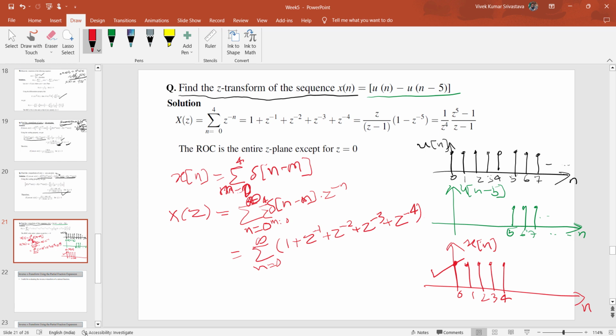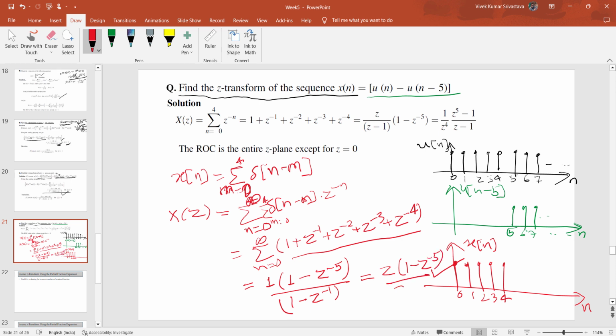Evaluating the summation of this series, you will get 1 into 1 minus z raised to the power minus 5 over 1 minus z raised to the power minus 1. This you can further evaluate as z over z minus 1. So this is basically the z transform of this signal.